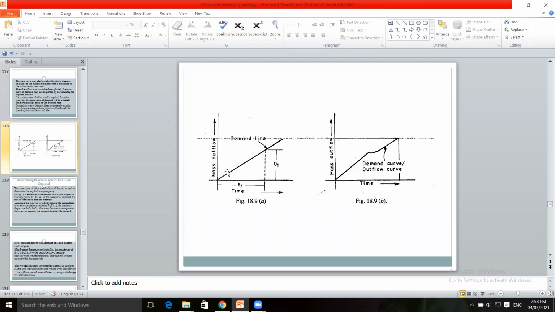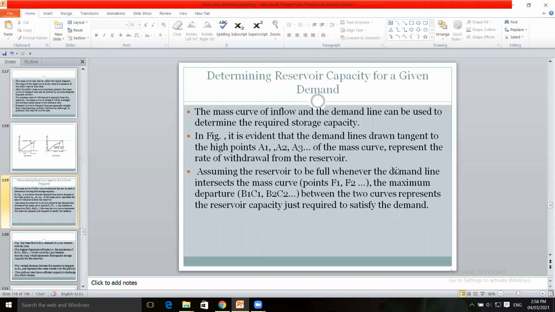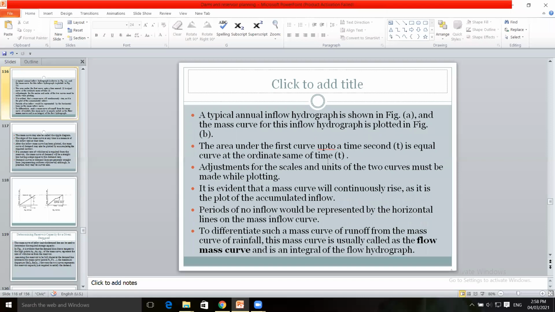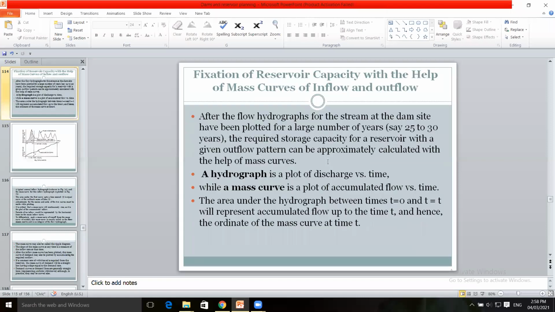The demand line, or demand curve, sometimes may be a straight line, sometimes a curve. The outflow curve is plotted between mass outflow and time. In this way, from this graph, you can determine the reservoir capacity. In this way, reservoir capacity is calculated with the help of mass curves of inflow and mass curves of outflow.